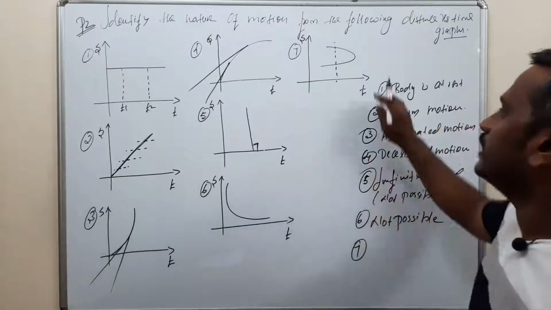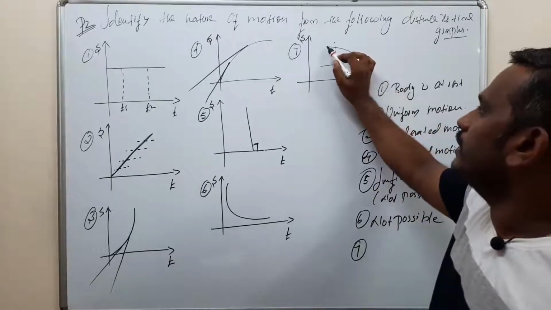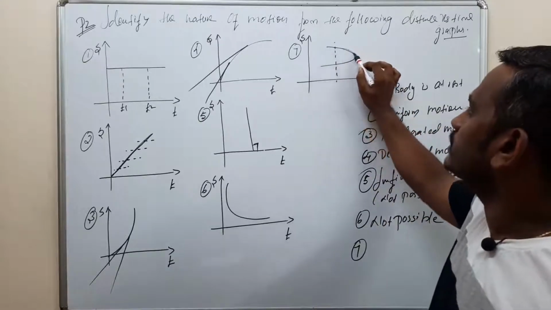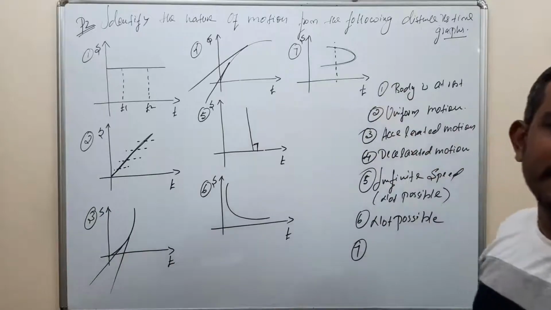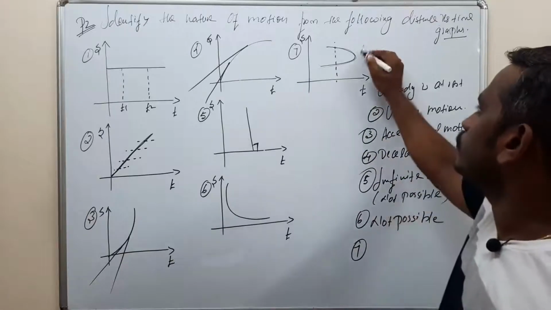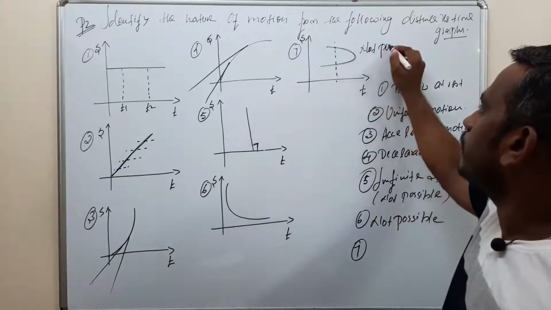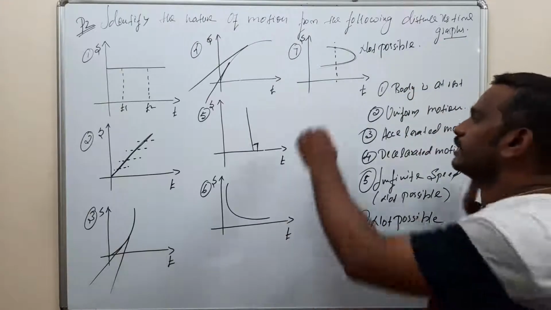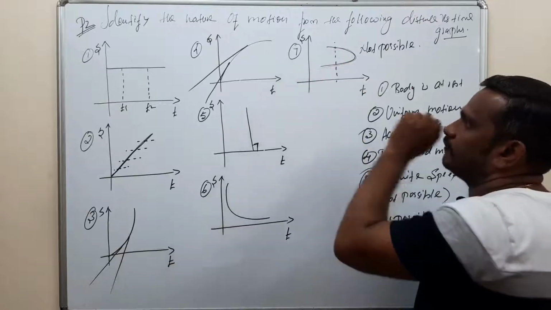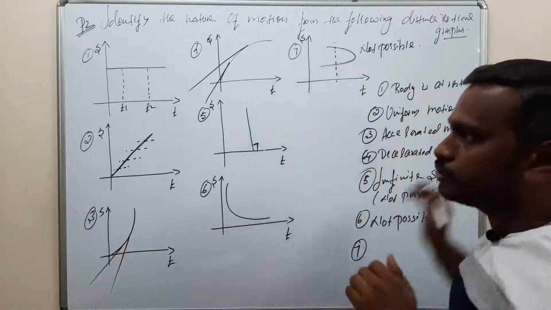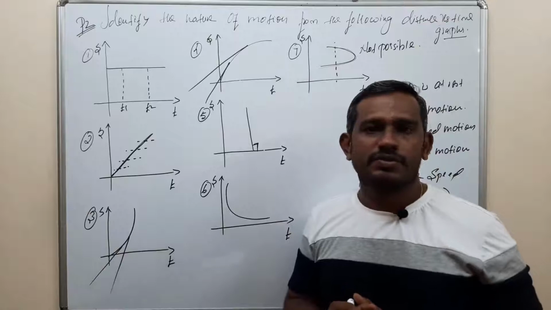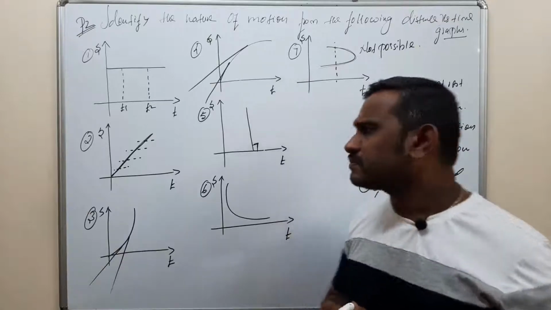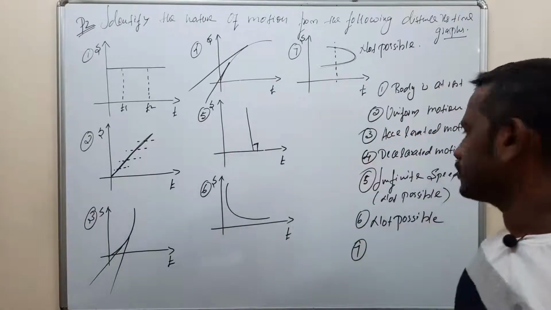The body does not cover two distances at a particular instant of time. So it is also not possible.